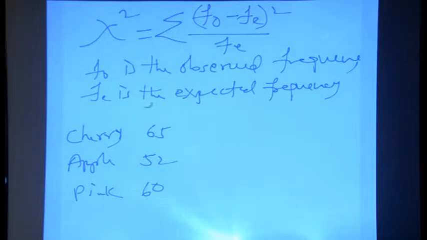So, this is known as observed frequency, FO. But what do you expect? What should be the expected frequency? Expected frequency is always according to the null hypothesis, and our null hypothesis was that there is no difference, the preference is the same for all 3 colors.